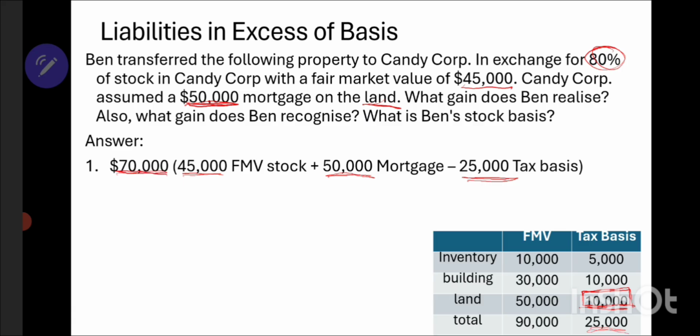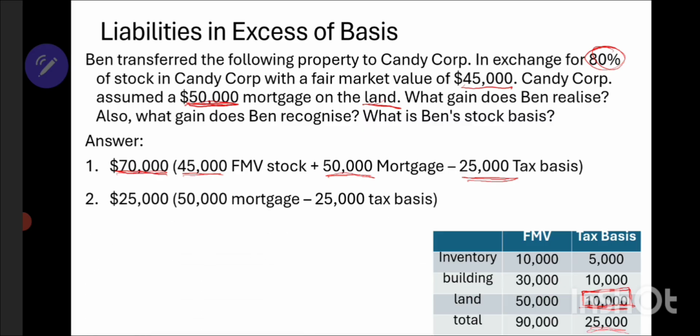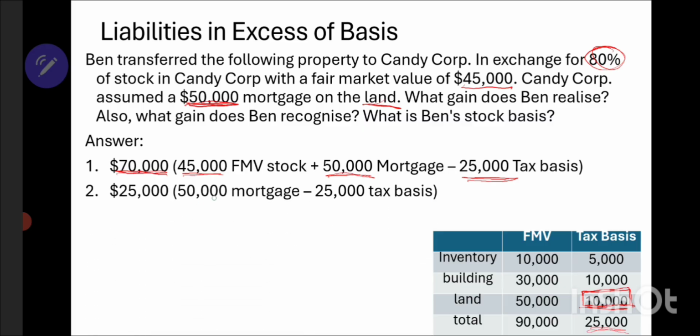Then how much of a gain will Ben recognize? Well, he's going to take this mortgage, since it is in excess of our basis, minus our basis. That's all. Now, if this mortgage was not in excess of our basis, since this qualifies for 351, we would not have to recognize anything.